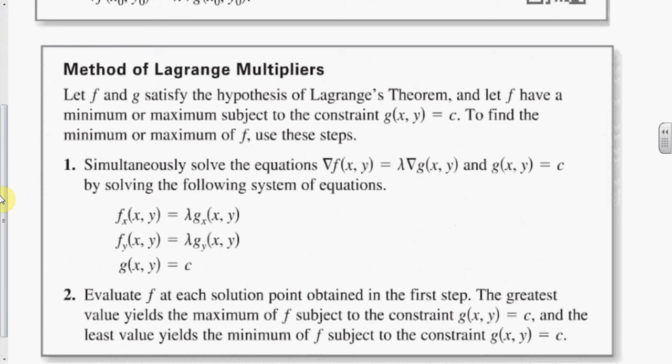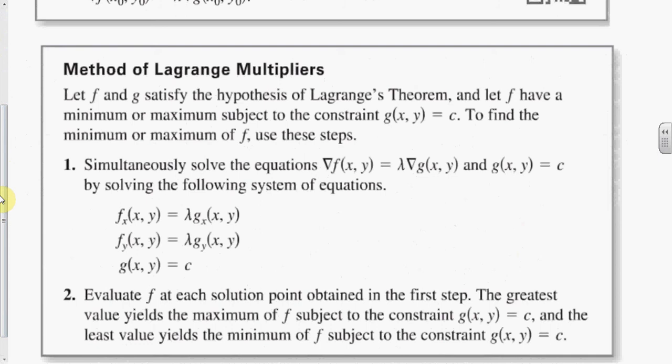You're going to find the partial derivative of f with respect to x, set that equal to the partial derivative of g with respect to x times lambda. We're going to solve for lambda. Likewise, set the partial derivative of f with respect to y equal to the partial derivative of g with respect to y times some lambda. And then from these first two, you want to be able to somehow solve for g of x, y equal to c with respect to lambda. And I'll show you that.